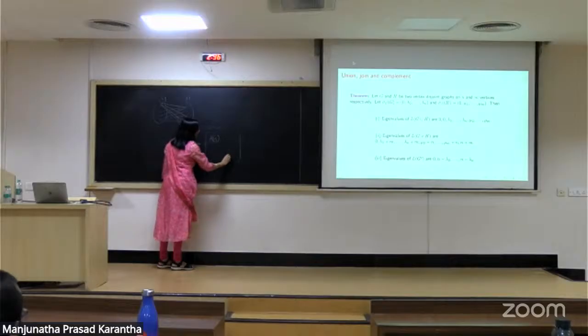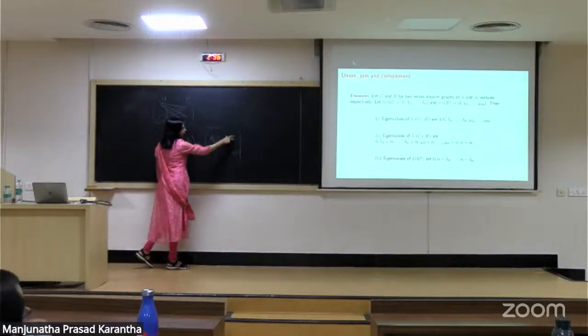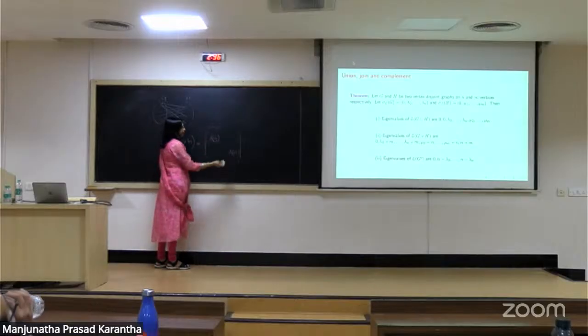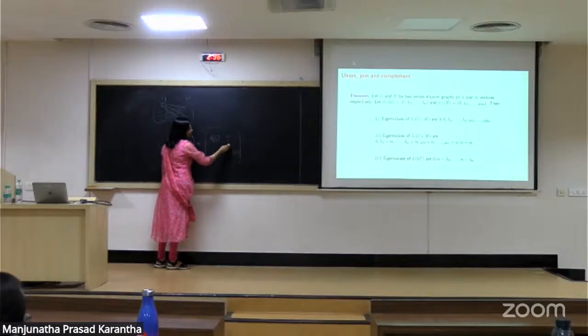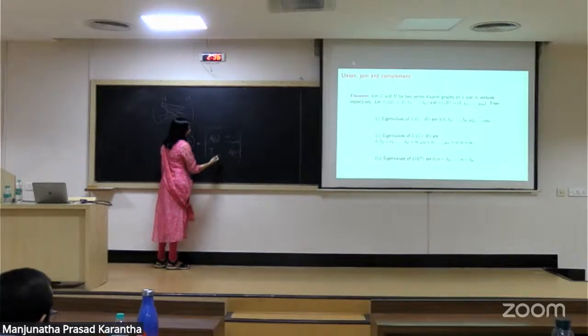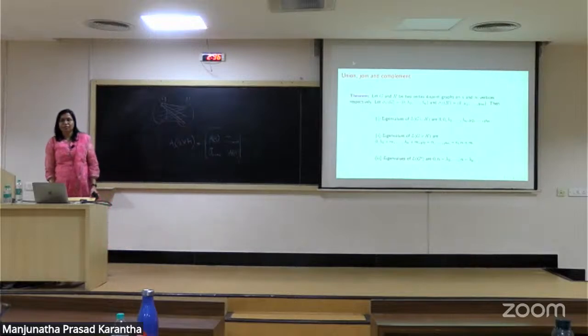Now some entries will come which are between the vertices of G and H, and we have to make all of them ones. So this is the adjacency matrix.